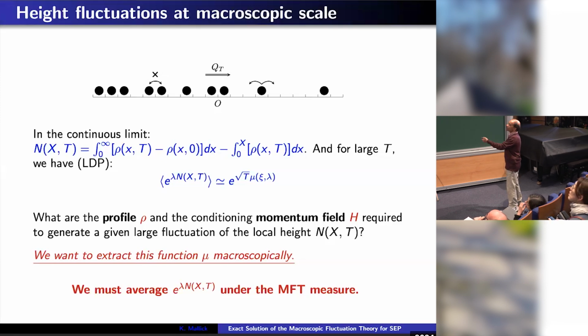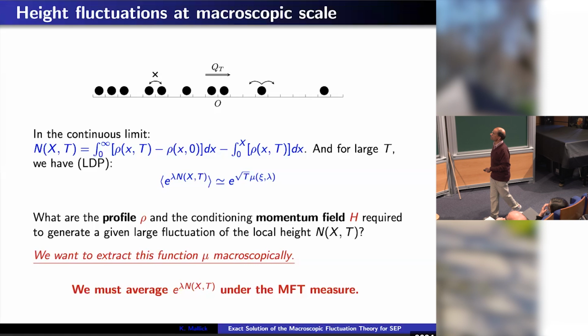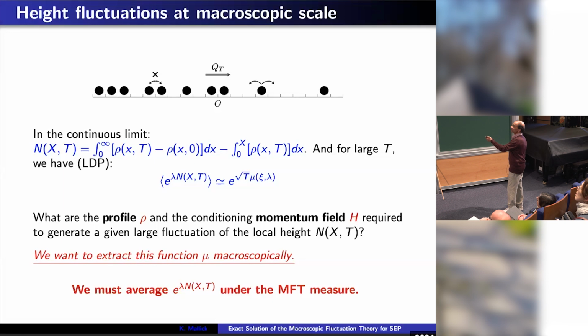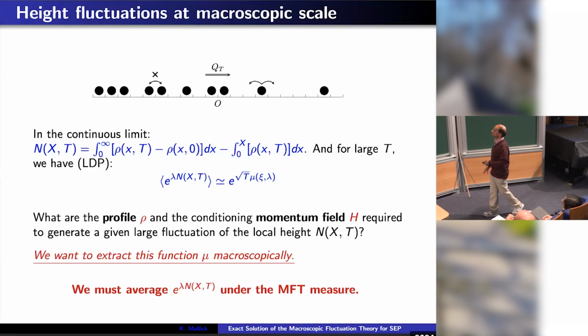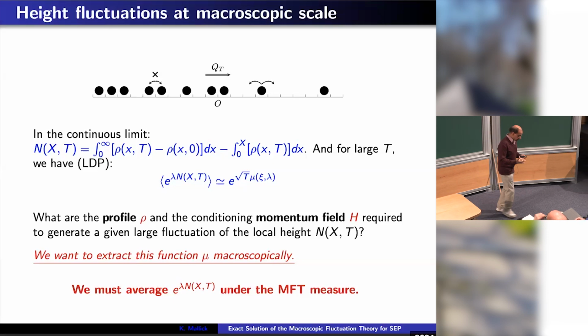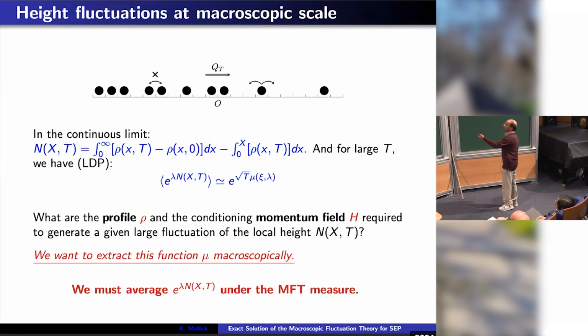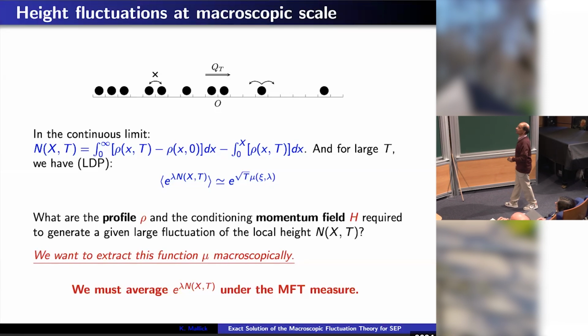And again, we are interested in computing the characteristic function at the macroscopic level of this height over x and t. So the question is, if I want to compute, for example, the large deviations of this variable, or even the characteristic function with a given value of the Lagrange multiplier lambda, or the fugacity lambda, we could ask ourselves what is the typical profile and the momentum field, or the current, which generate a given unlikely fluctuation of your local height.